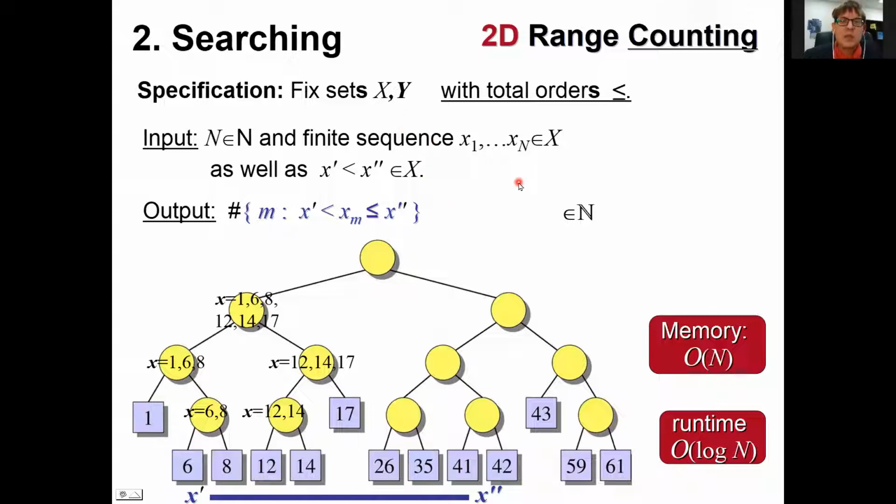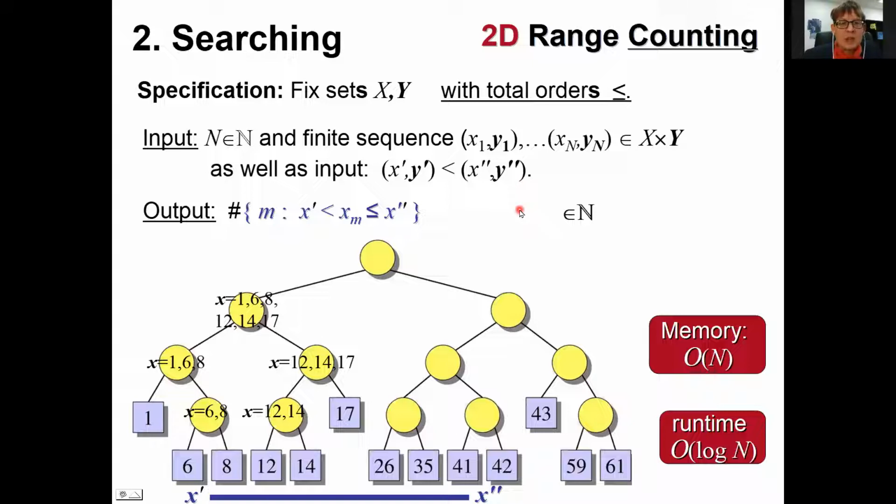And the Cartesian product of 2 total orders is in general not a total order, right? Like the real geometric plane, or the complex numbers, are not totally ordered. And so the input here also consists now not of elements from the totally ordered set X, but pairs of elements from the Cartesian product of both totally ordered sets. And also 2 bounds, X prime, Y prime, a pair, and X double prime, Y double prime, another pair.